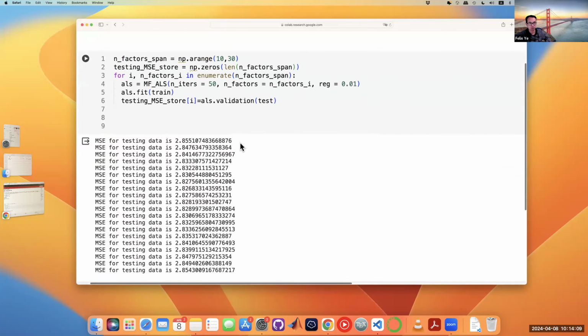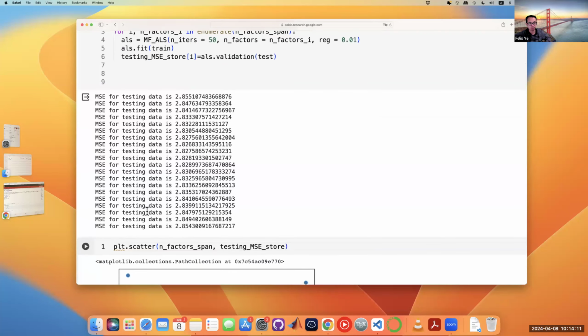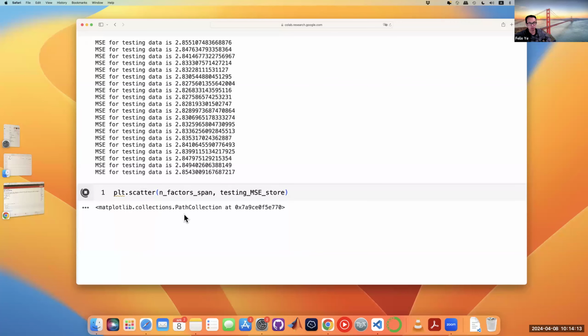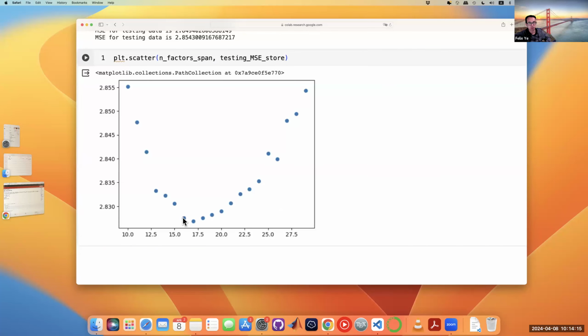Okay, they finished running. You can plot them out. You can see they start to decrease, then start to increase.